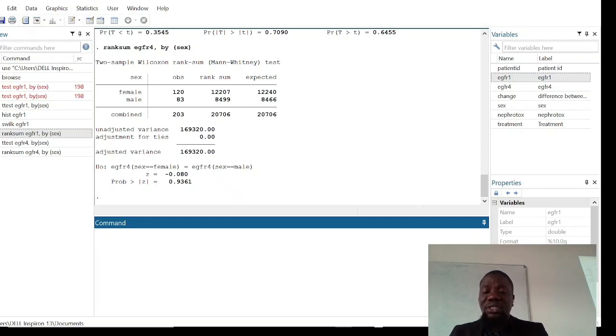So you can actually do the same command we did, t-test EGFR1 by nephrotoxicity. So basically what you're saying here is, was there a statistically significant difference in the estimated glomerular filtration rate of the participants that ended up with nephrotoxicity and those that did not, at the time when they were beginning treatment? This is the question here.